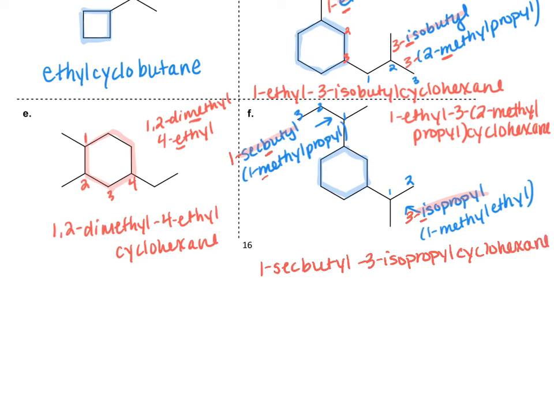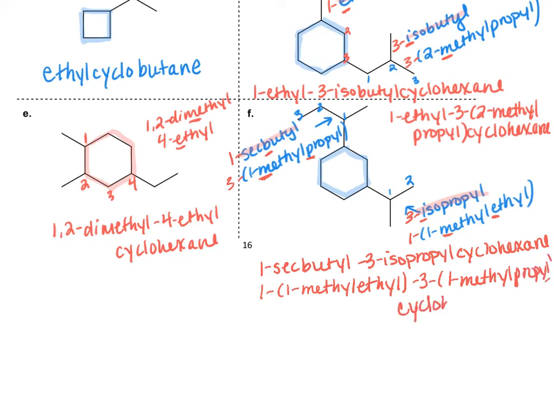Using the bottom names, we alphabetize according to M versus M. They're the same all the way out to this E versus P. So we'll call this 1 and this 3. So they reversed in this case. So you get 1-(1-methylpropyl), 3-(1-methylethyl), and then cyclohexane. And again, either of those names is correct.